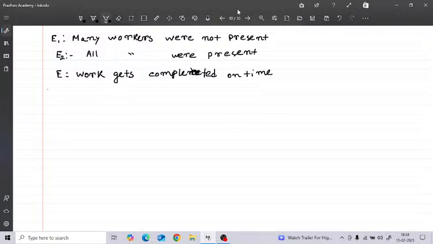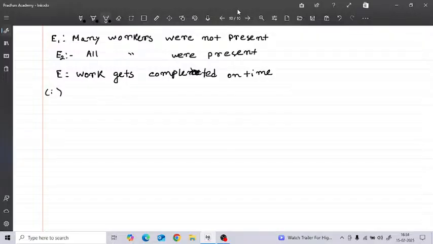So what is the probability that all the workers are present for the job? The probability that work gets completed and all the workers are present in that time. Okay, the probability that all the workers are present for the job. That's my first question to solve.